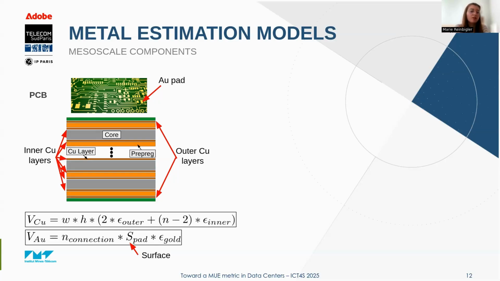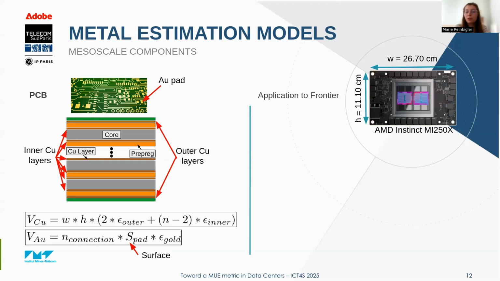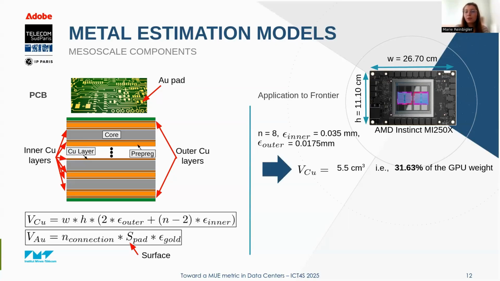And in our case, as we didn't have any information about the surface of a pad, we consider a pad of 1 millimeter squared. So if we apply it to the FranceA supercomputer with the AMD Instinct MI250X, we supposed that we had a PCB with 8 layers with specific thicknesses of copper, and thanks to that we found that 31% of the GPU weight was made out of copper.